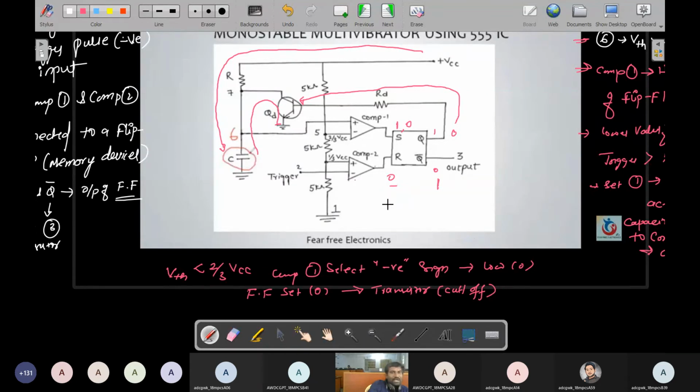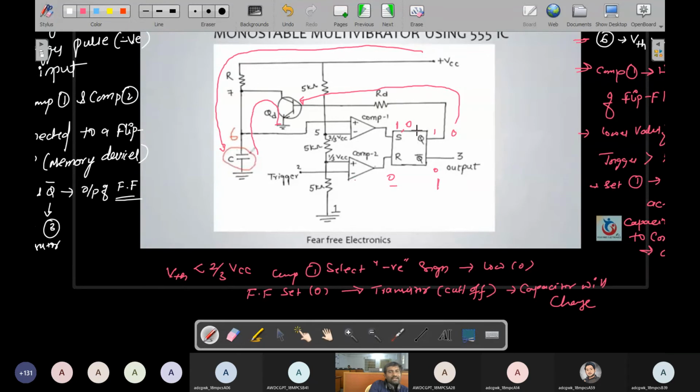If cutoff, the ground connection of this capacitor is disconnected. So obviously again the positive plus VCC is moving to the capacitor, and therefore the capacitor will be charging. Understand this process?